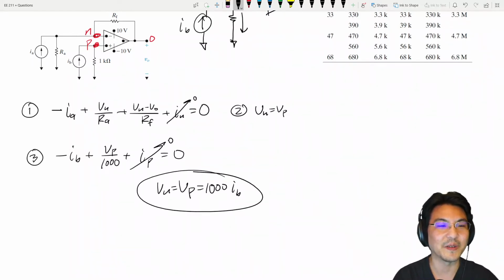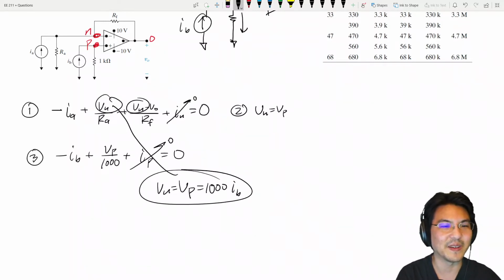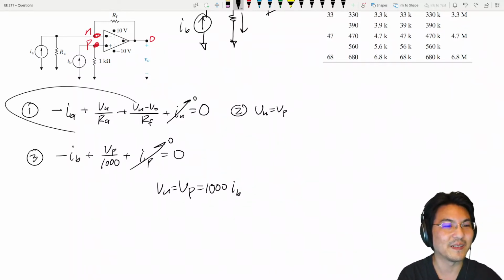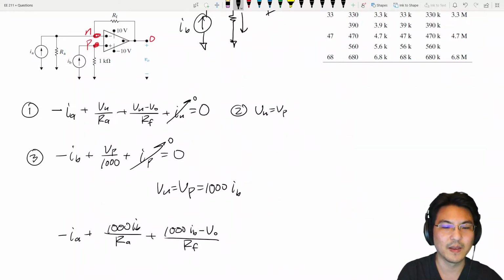Right? So let me just combine them right now. Plugging this in here and here, let me rewrite this equation. Minus Ia plus 1000 IB over Ra plus 1000 IB minus Vo over Rf.